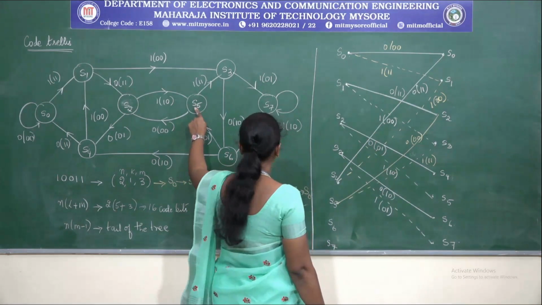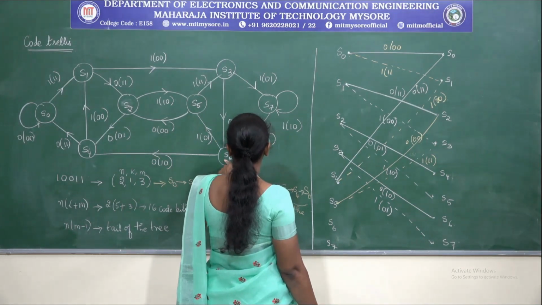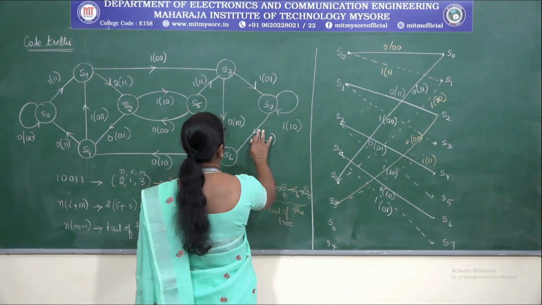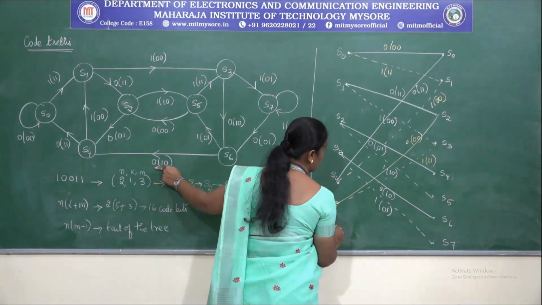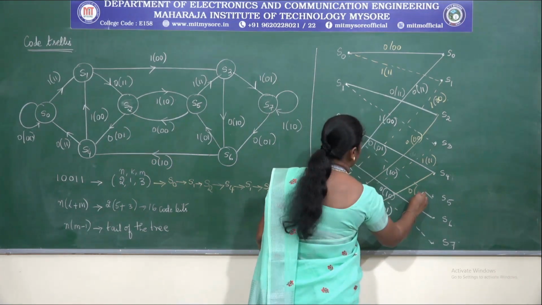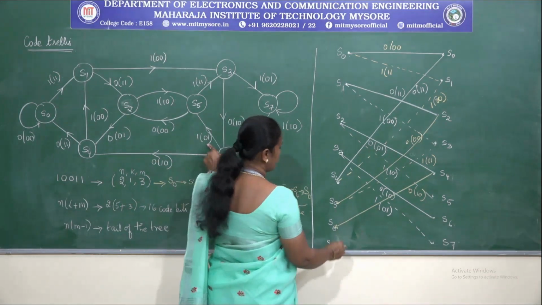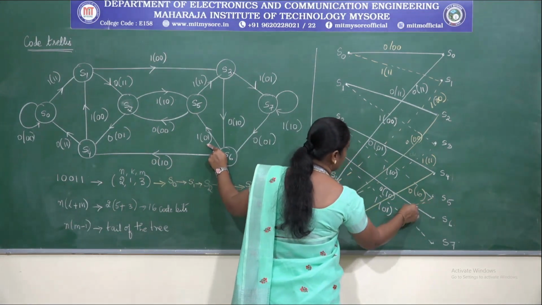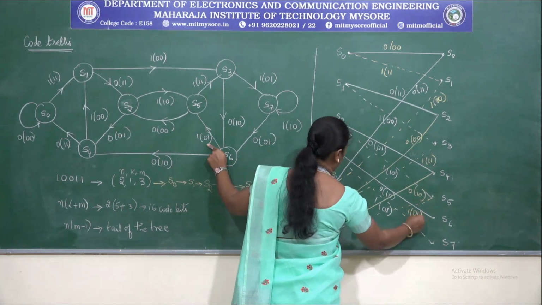Next with S6. S6 with input 0 reaches S4. Output is 1, 0. S6 with input 1 reaches S5, output is 0, 1.